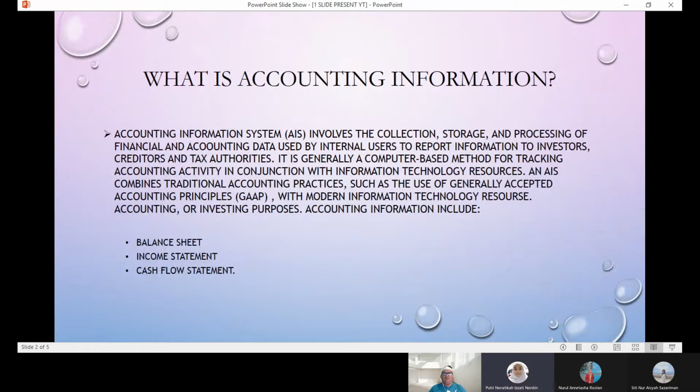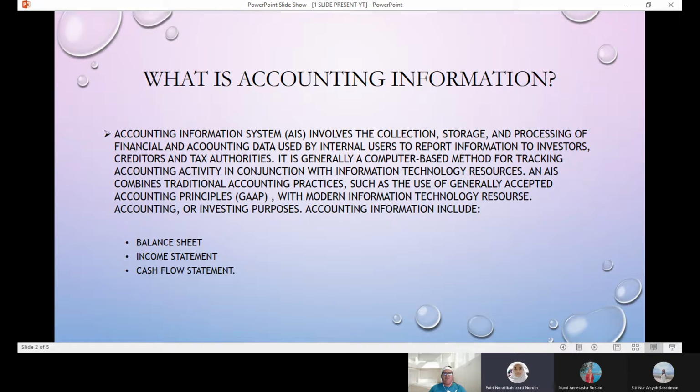What is accounting information? Accounting information system, or we call AIS, involves the collection, storage, and processing of financial and accounting data used by internal users to report information to investors, creditors, and tax authorities. It is generally a computer-based method for tracking accounting activity in conjunction with information technology resources.